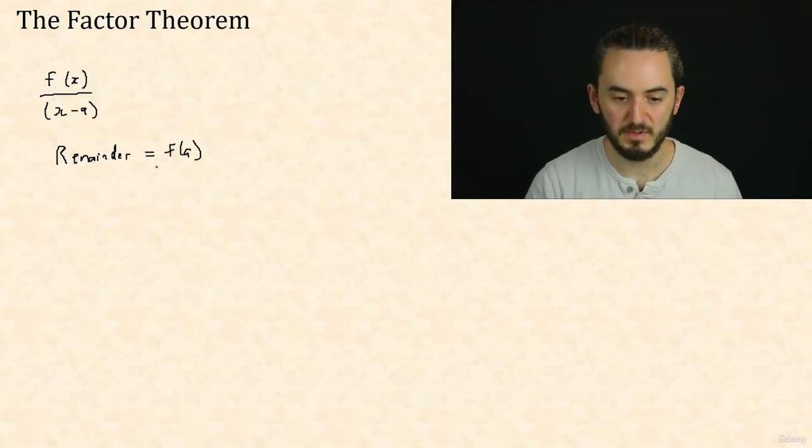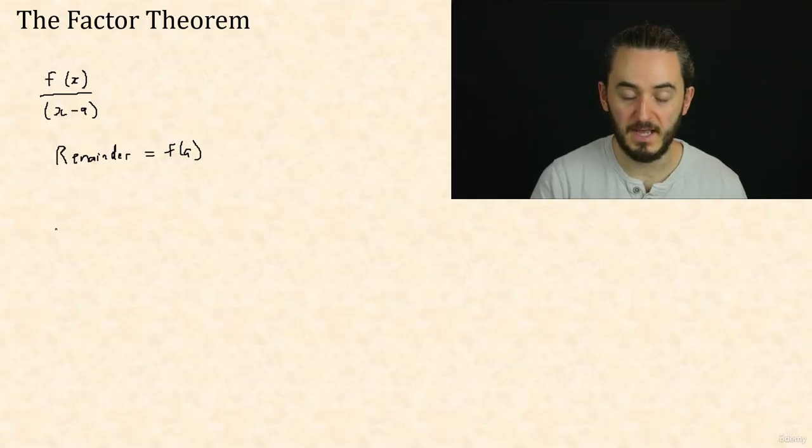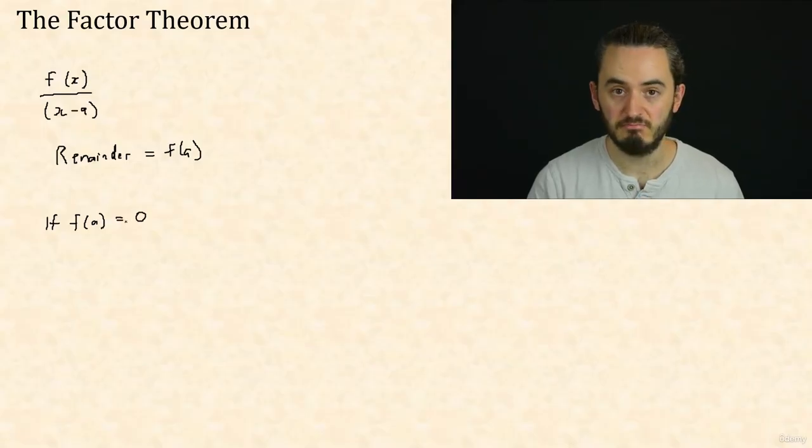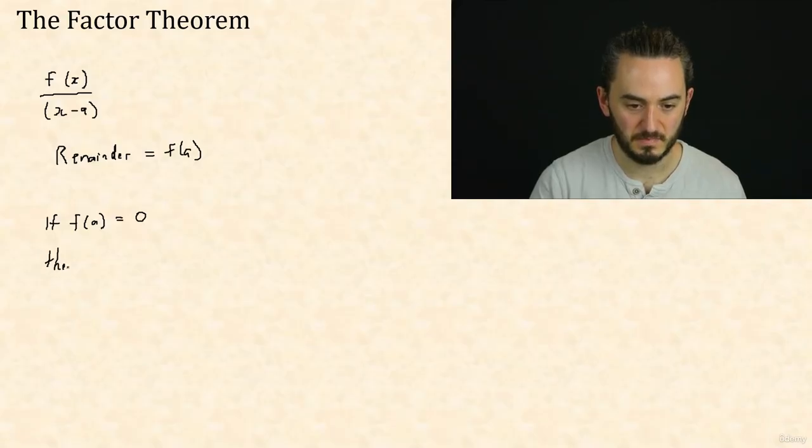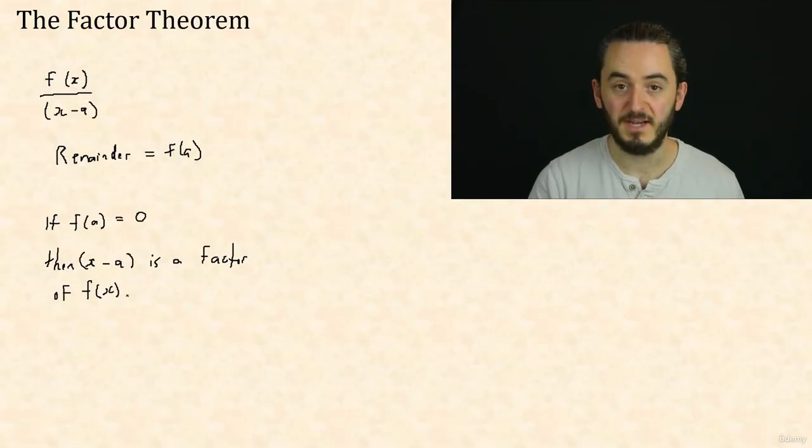Now, there's an interesting special case here: what if f of a equals 0? Well, then there's no remainder. And if there's no remainder, then it means that x minus a must have been a factor of f of x. So if f of a equals 0, then x minus a is a factor of f of x. That's the factor theorem.